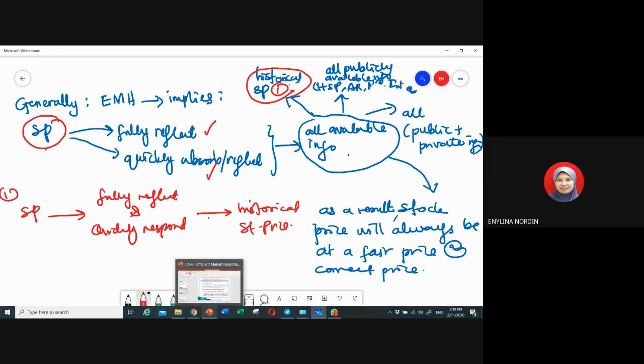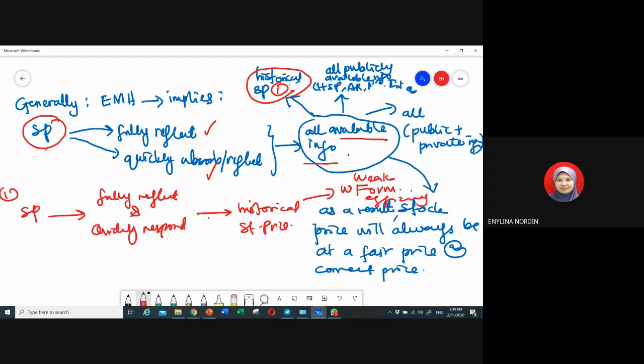So that means the market efficiency is in the weak form. So the stock's price fully reflects and quickly responds to available information, and let's say the available information is only the historical stock price. Therefore the market is efficient, but it is efficient in a weak form.